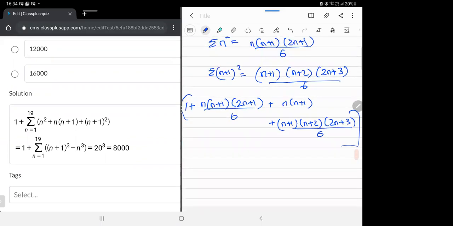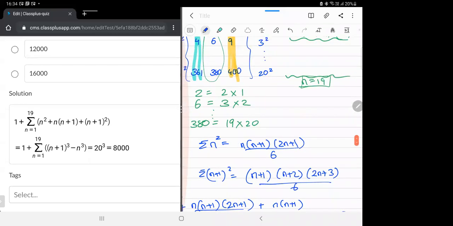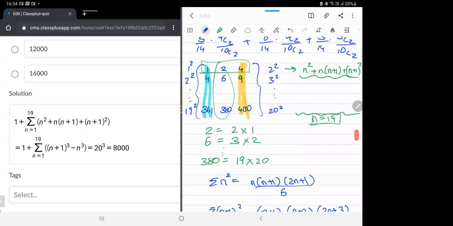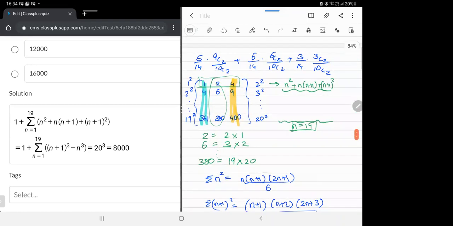So what is the value of n that you're going to substitute here, by the way? Sir, 19. Very good, 19. That is the last value that we have in the summation. So that is 19, not 20. That is also crucial, so you should not make a mistake there.